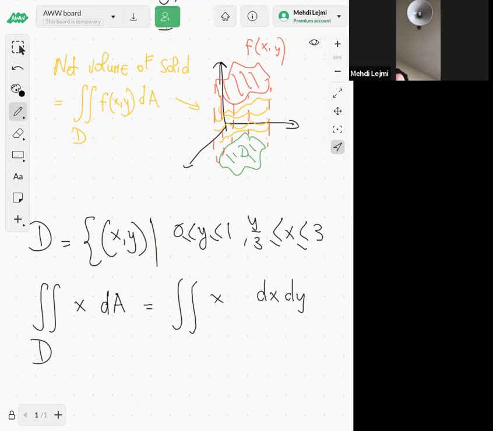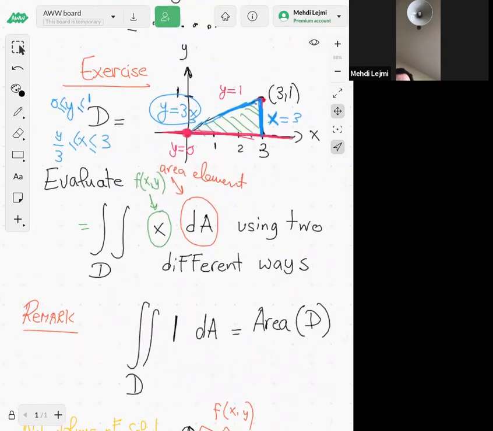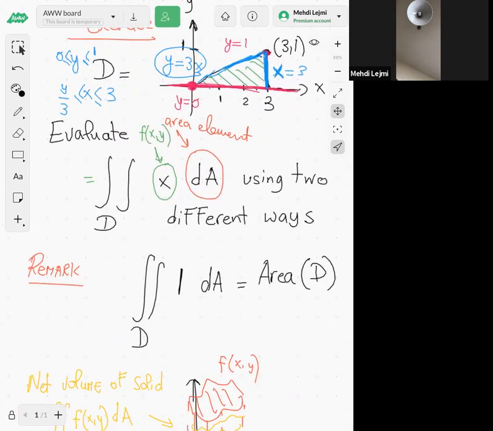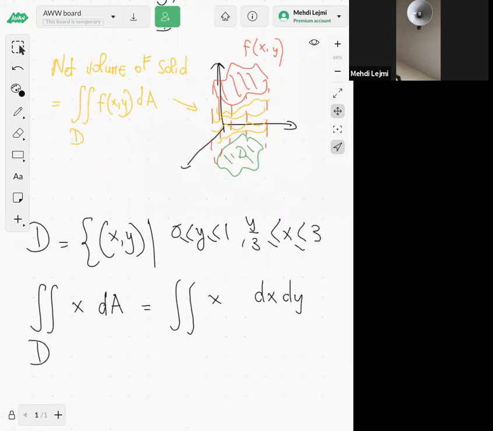We said x is between y over 3 and 3, and then y is between 0 and 1. So you integrate first with respect to x, and then with respect to y.